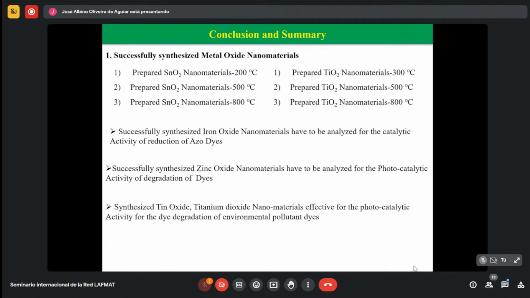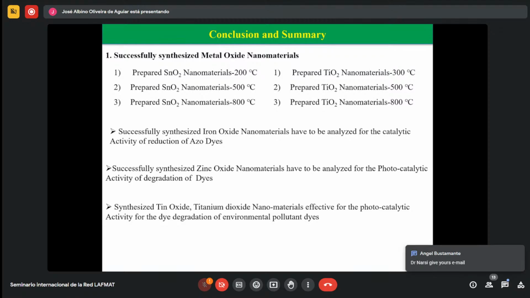Conclusion and summary. We successfully synthesized the metal oxide nanomaterials, tin oxide at different temperatures and titanium dioxide at different temperatures, and applied them for the photocatalytic effect, very good for dye removal, and we published these two papers in ACS. This is the iron oxide nanomaterial also, for the reduction of azo dyes.